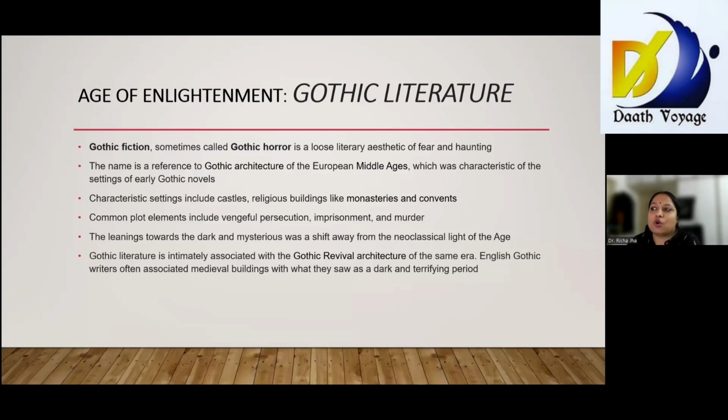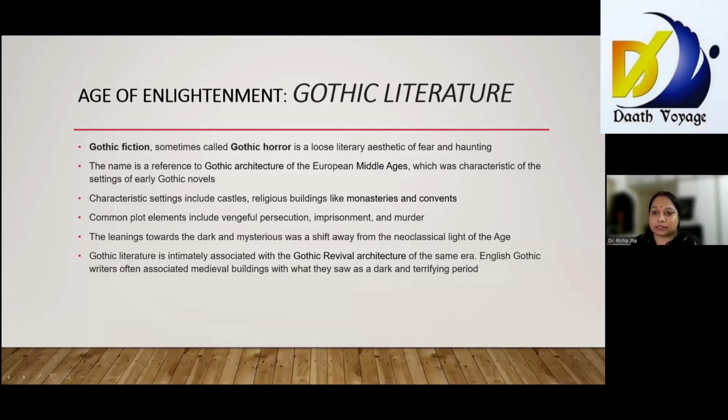Gothic ruins invoke multiple linked emotions by representing the inevitable decay and collapse of human creations. Hence, the urge to add fake ruins as eye-catchers in English landscape parks. So, placing a story in a Gothic building serves several purposes.